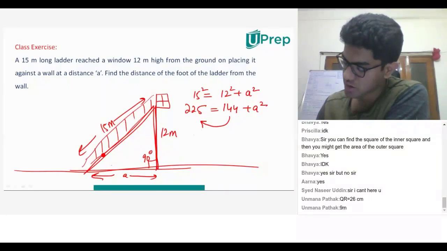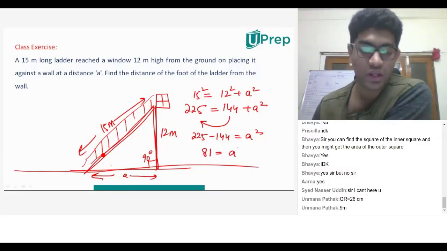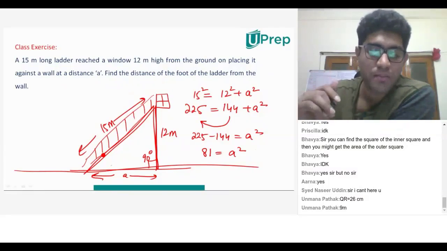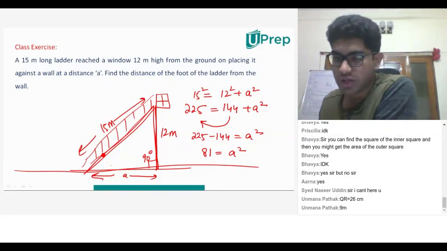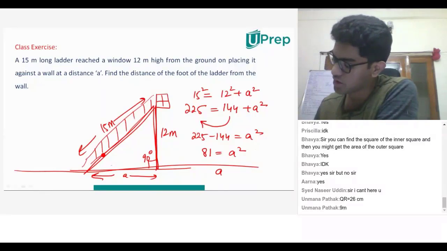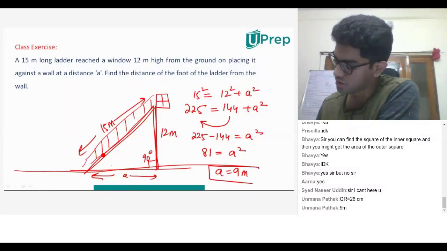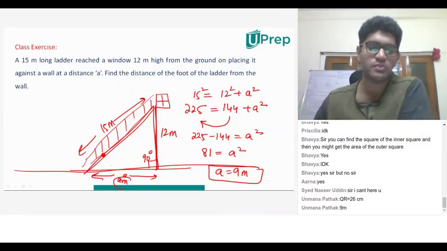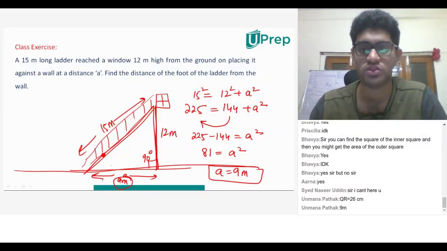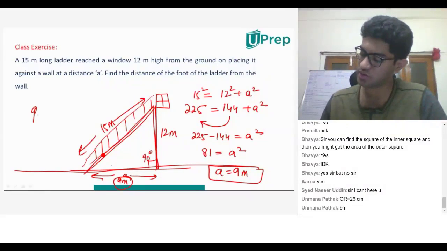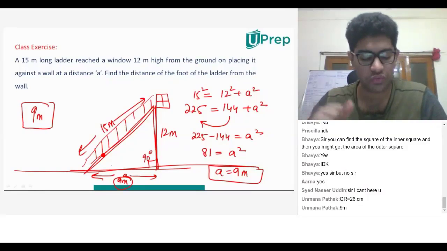Plus becomes minus. 225 minus 144 is A square. 81 is equal to A square. Now, which number on squaring is going to give me 81? 9 meters. That means this is at a distance of 9 meters. Beautiful. Manas was absolutely right. 9 meters is the answer. What was so difficult about this?